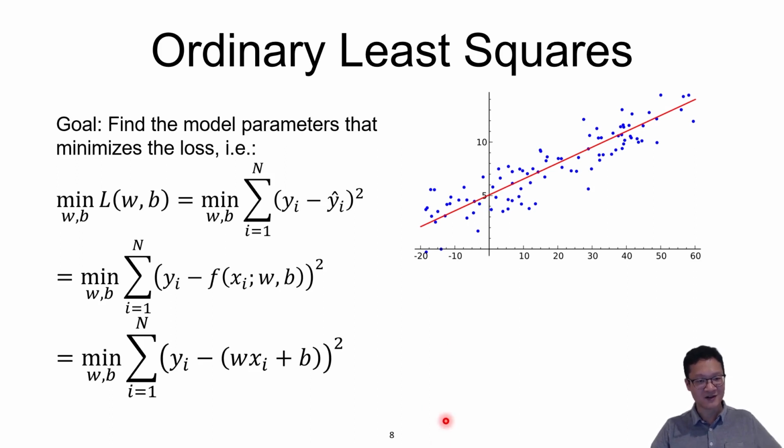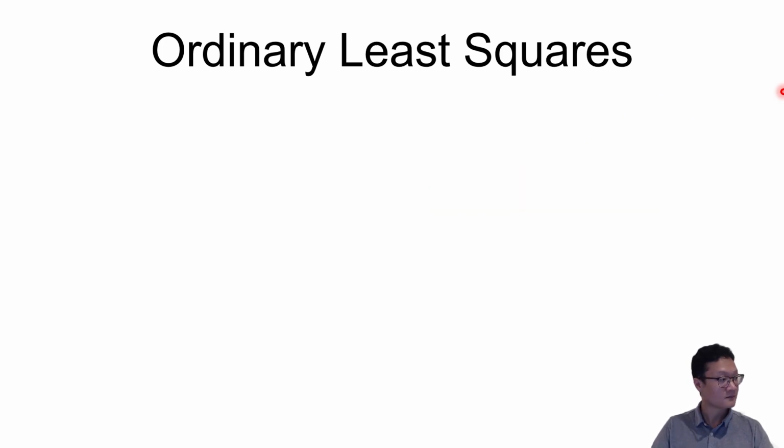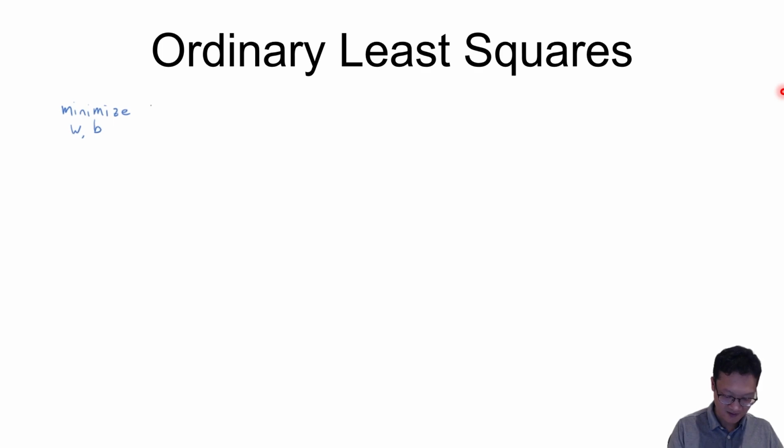Okay, so let's do a little bit of math here. Let's do this a bit more slowly, as this will be pretty important. We would like to minimize, over w and b, the loss function whose arguments are w and b, which is the summation from i equals 1 to n of yi minus y hat i squared.